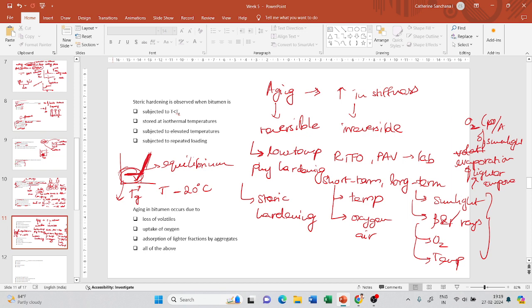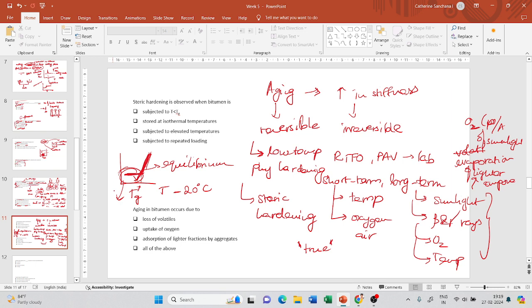In order to capture the true behavior of bitumen, within quotes, because you definitely cannot say the true behavior of bitumen, but still the behavior of bitumen without this transient nature can be obtained when you heat bitumen to a temperature above this glass transition temperature.